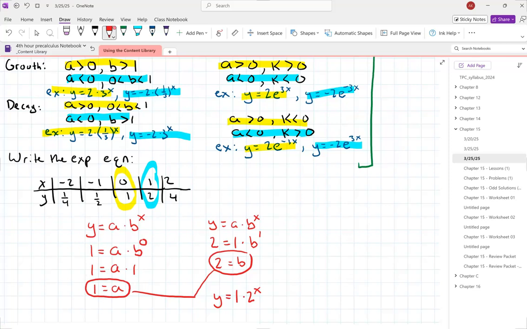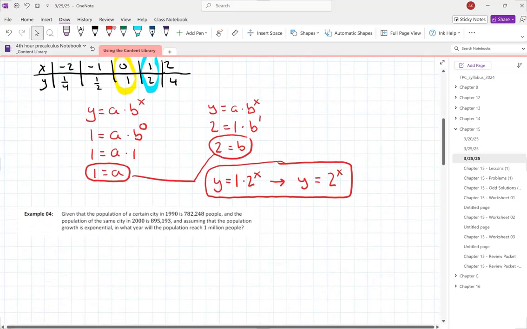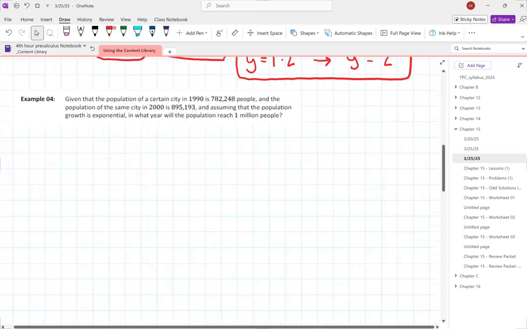There's our equation. Or if we wanted to, we could simplify that down, because any number times 1 is just itself. So that could just become 2 to the x. You don't need the 1 times in front. It's not wrong if you leave it there. But that would be our final answer. So that's a review of some of the important stuff that we did last time.